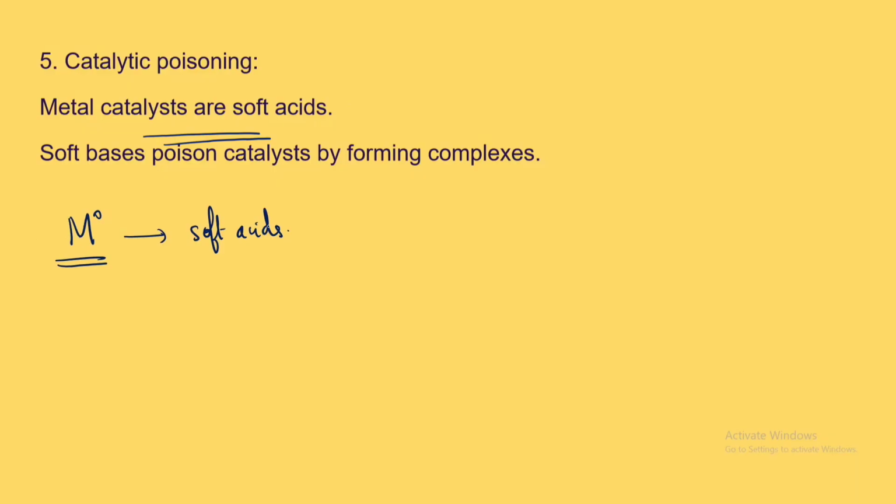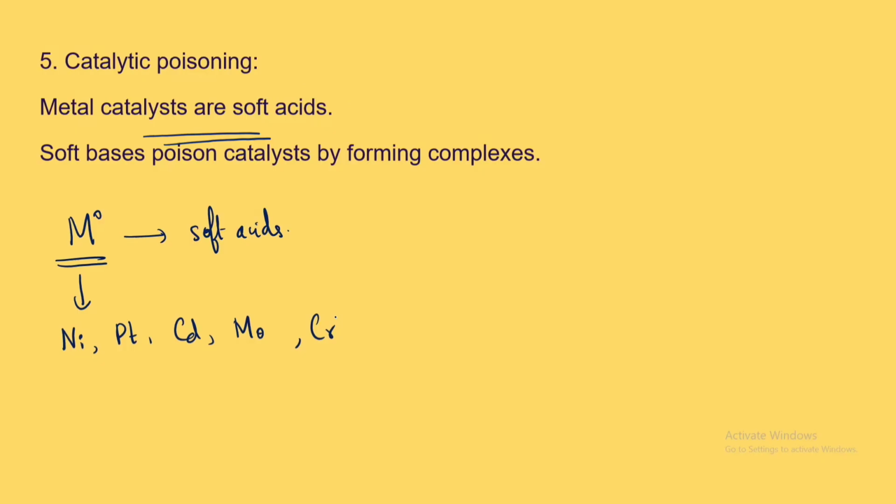Now you can take the metal catalysts which are under this category. I can give examples: nickel, platinum, or it can be cadmium. You can also use molybdenum, chromium, all this without the charge, right? So these are the metal catalysts.